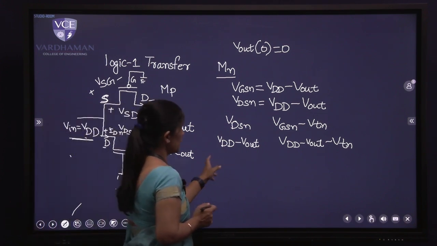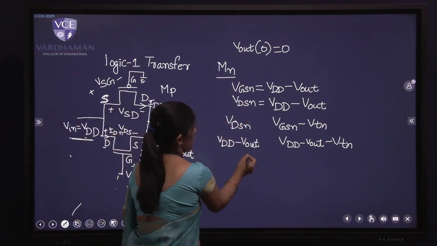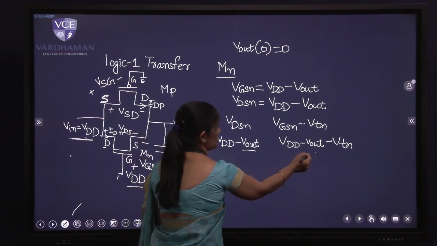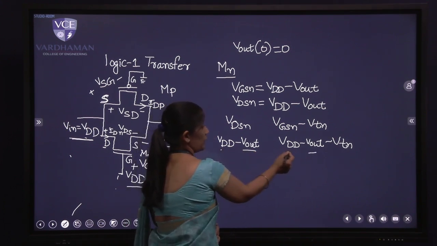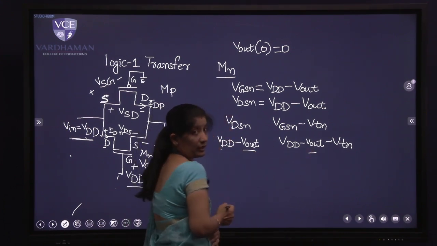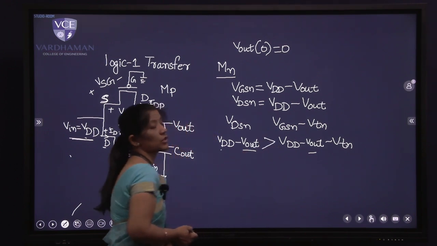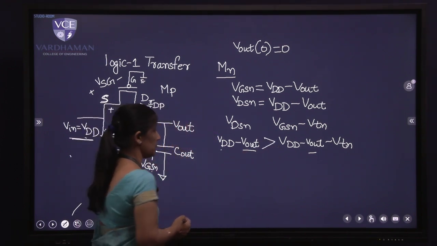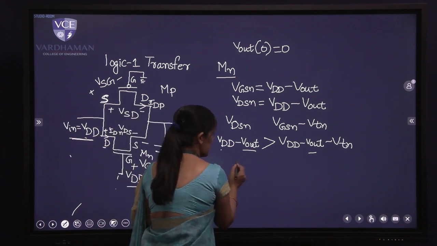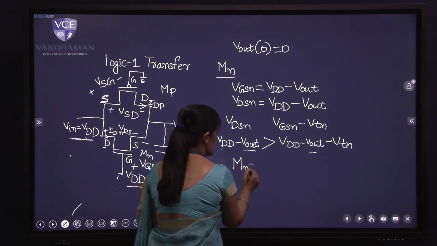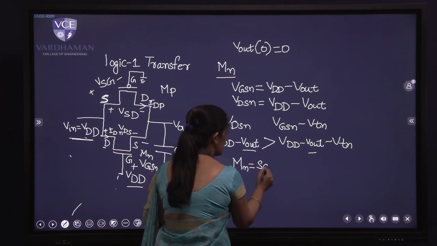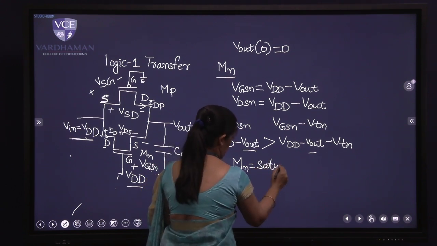So initially, Vout is a smaller value. So obviously VDD will be greater than VDD minus VTN. So I will be having a greater than relationship here. If this is greater than, I say that my transistor Mn is operating in saturation mode.